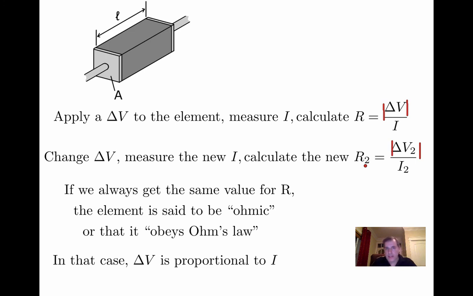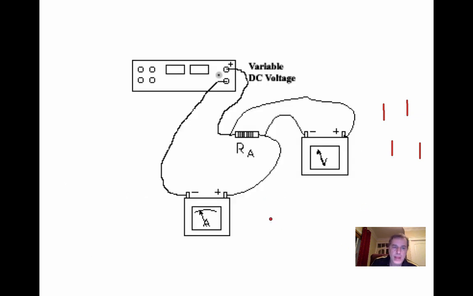If you take a certain delta V, you get a certain I. If you double delta V, you get twice the current. If you triple delta V, you get 3 times the current. So those are for elements that are said to be ohmic, or they obey Ohm's law.